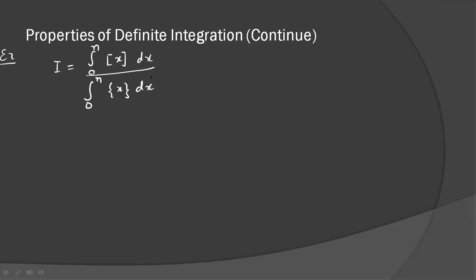This is a very good question. N is any integer here. We know that the fractional part function is equal to x minus the greatest integer, or the greatest integer of x is x minus the fractional part function.